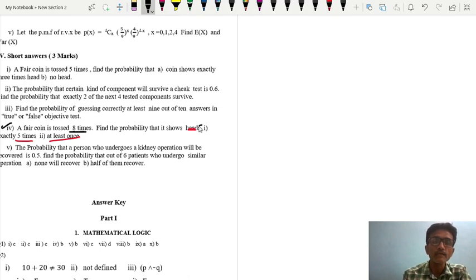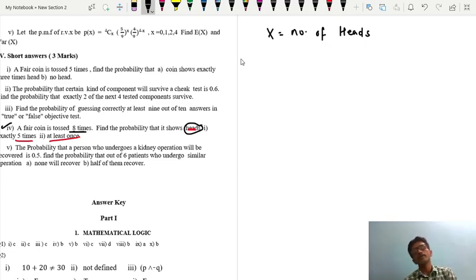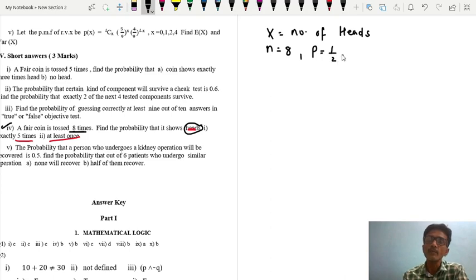So here, getting head, therefore capital X is equal to the number of heads. And here how many times is it tossed? So n is equal to the number of trials, it is tossed 8 times. Now the probability of getting head is 1 by 2. The probability of getting tail is also 1 by 2, meaning the failure probability is 1 by 2.